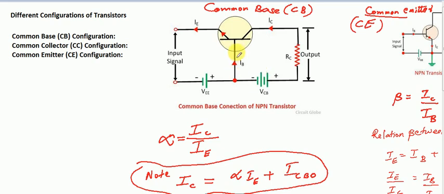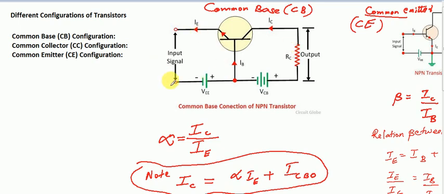In common base configuration, you can see that the base of the transistor is connected common to the input section and to the output section. We already learned that a transistor is a device used for transferring signals from a low resistance region to a high resistance region.